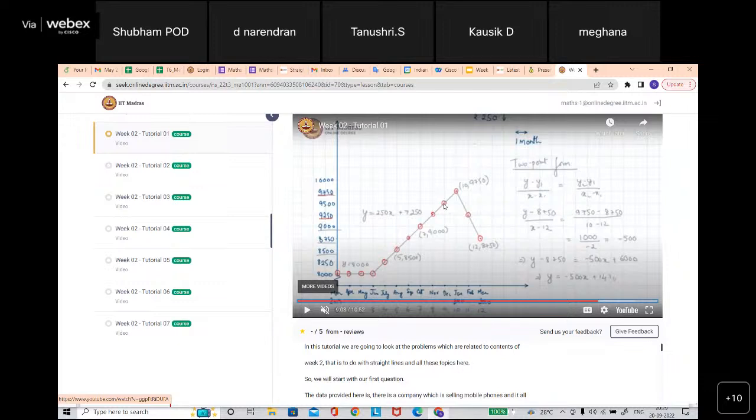Only with the equation of the line, for x, what is the number you have to substitute so that you can get the value of y? When you substitute x is equal to 9, because this is December, you need to substitute 9 here.